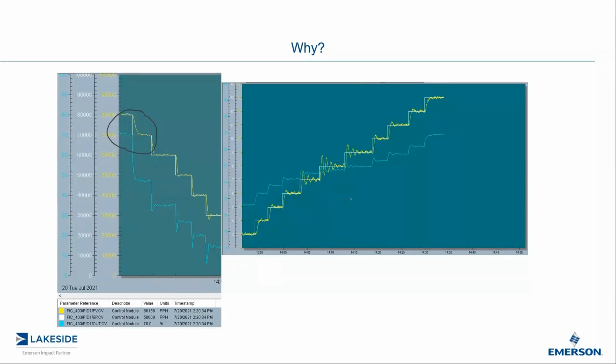Here's another example. This is a pH control application, especially with a strong acid, strong base dilution or neutralization, where I can tune it here at the buffer region and remain stable.